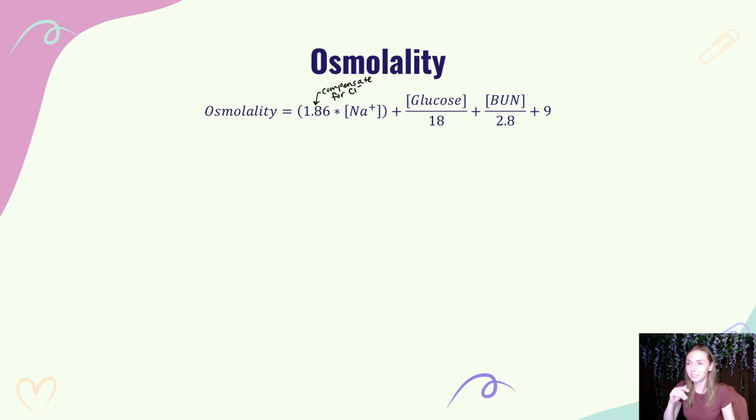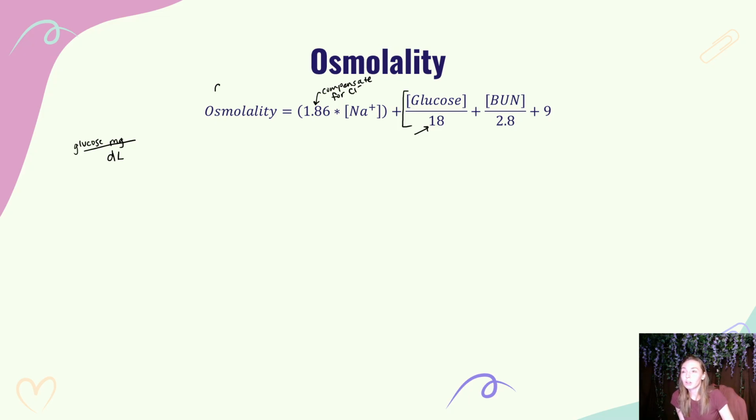Here is my favorite part of this whole thing. Are you ready for this? Why is it that we're dividing the concentration of glucose by 18? Let's get into it. The important thing to understand is that the concentration of glucose is generally measured in our lab in milligrams per deciliter.